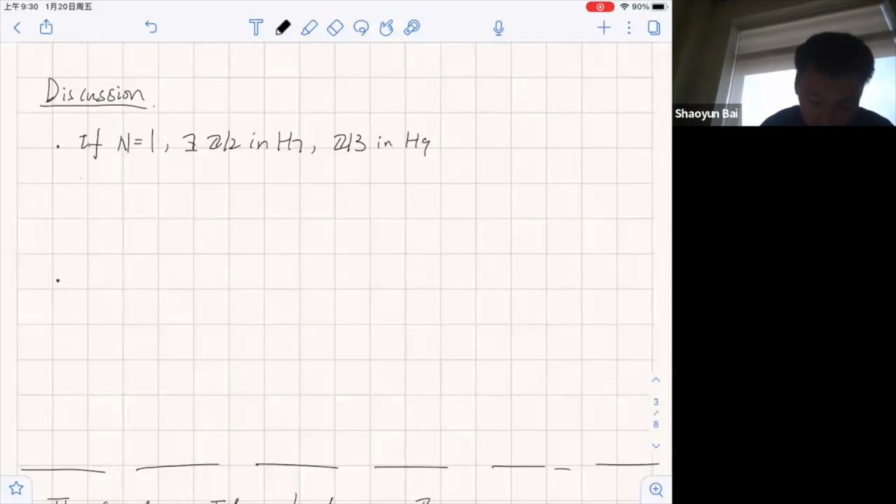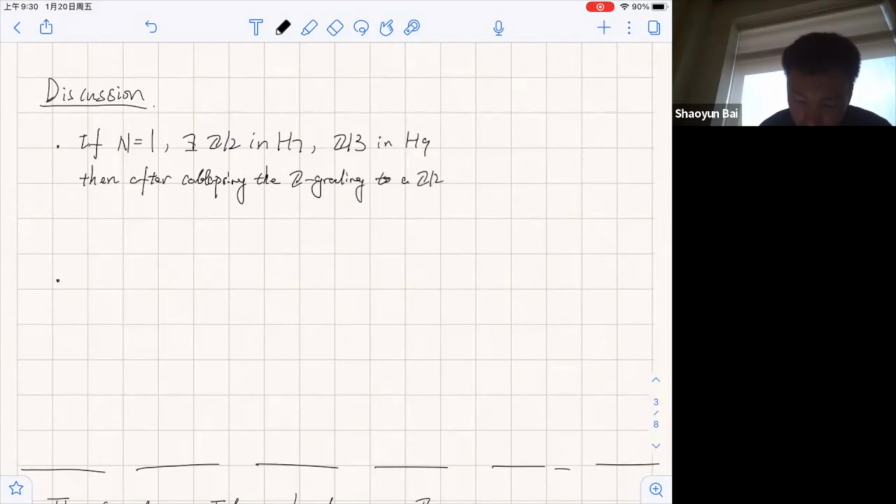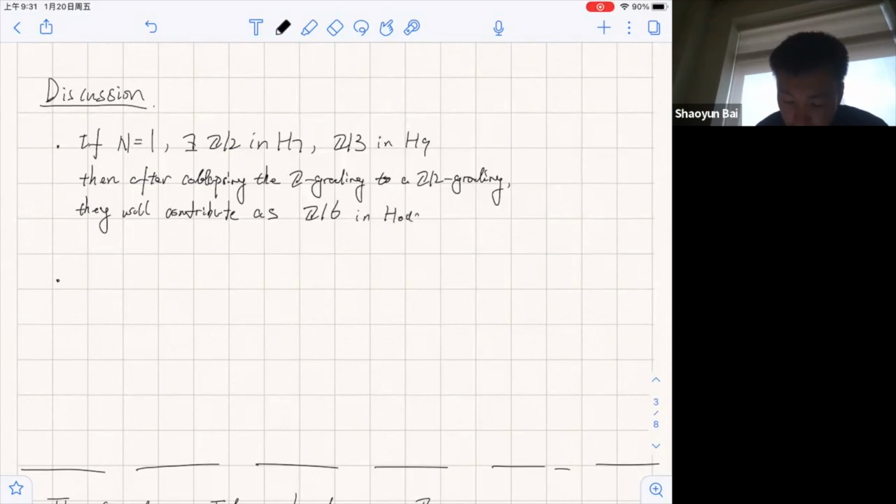Then after collapsing the Z grading to Z mod 2 grading, they will contribute as Z mod 6 in H odd.